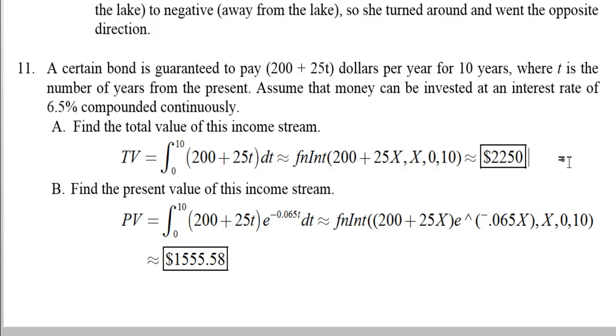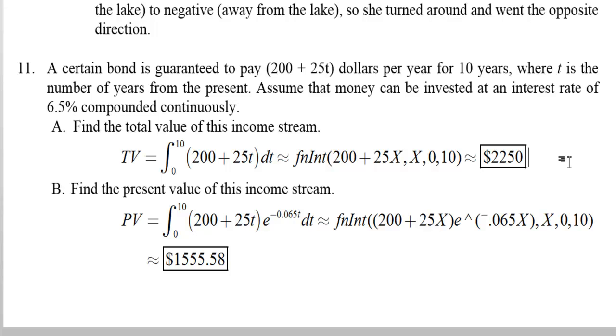But one thing I could do is invest the money. So if I would take the money and put it into an account and invest it as I go, then I would make a certain amount of money at the end. Now, I could invest right up front, just take a flat $1,555.58 and invest it in this account and let it just earn interest.